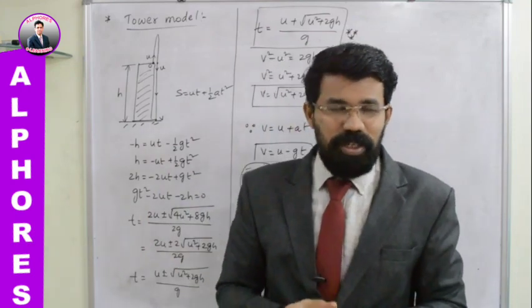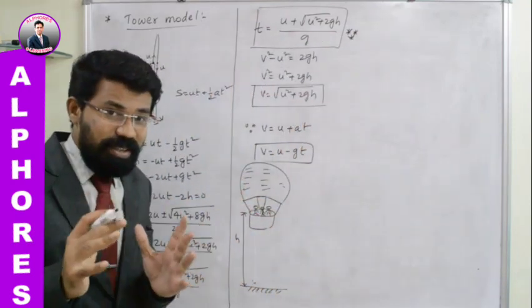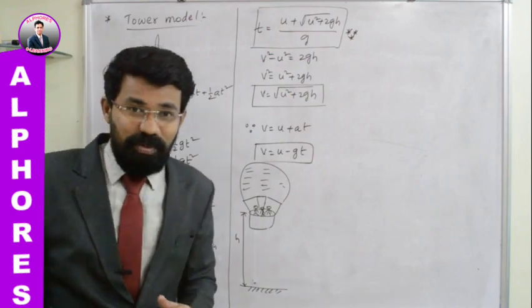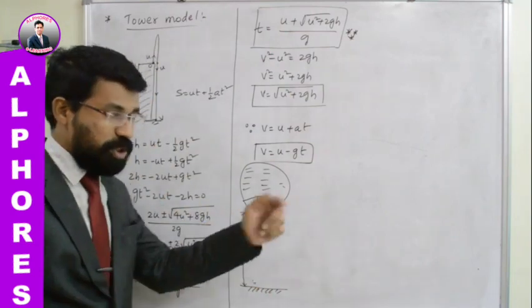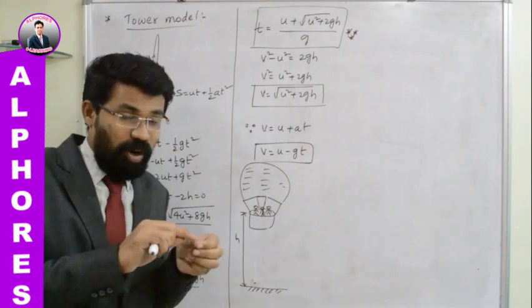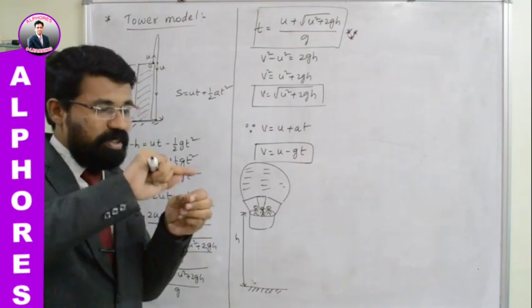So all you need to understand is that the hot air balloon model we were talking about perfectly synchronizes with this situation. When the coin is pushed from the basket, the coin's path appears something like this.